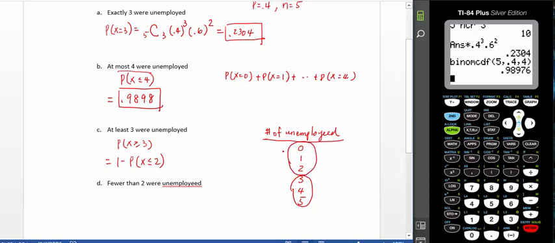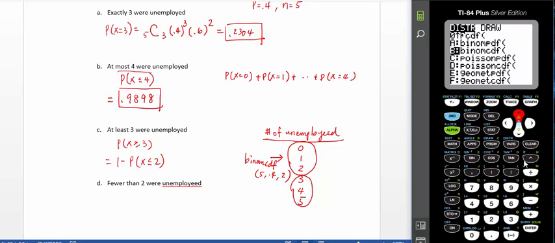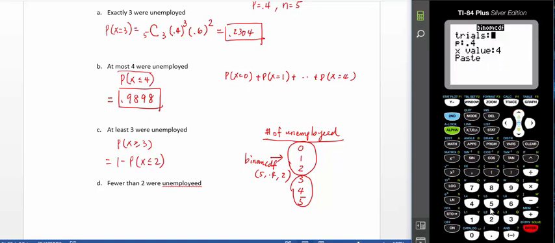And this part can be done by using binom CDF I just showed you with 5, 0.4 and x is 2. Okay? So second vars, binom CDF, n is 5, p is 0.4, x is now 2.